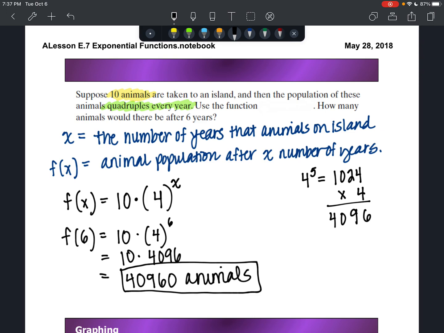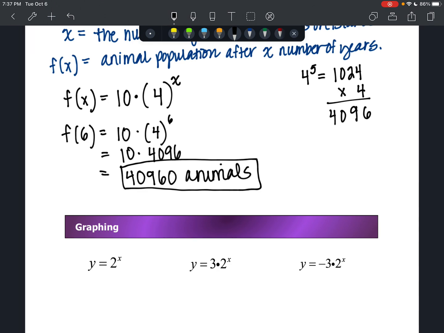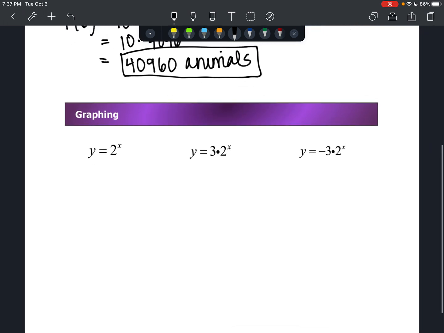Fantastic. So if you got that, then you're properly applying our exponential functions to real-world applications. You're doing a fantastic job. Let's look at graphing. We should know what the graph of y equals 2 to the x looks like because it's one of our parent functions, but if we don't know, that's okay. I'm going to show you what it looks like.